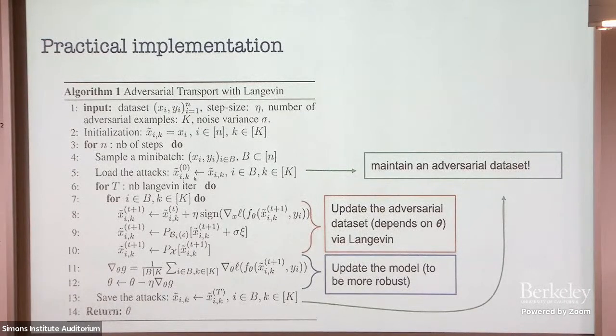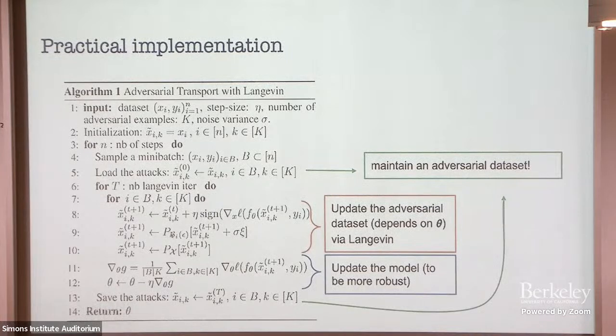So this is what you have here. You initialize your adversarial examples. And at each time step, you load your memory of the adversarial examples. You compute your gradient, or the sign of the gradient in this case, to update your adversarial examples. And you use Langevin, so you follow the gradient and add some Gaussian noise in order to sample from this distribution.